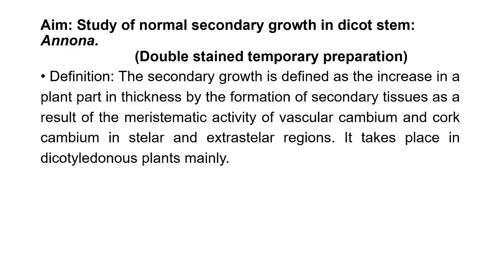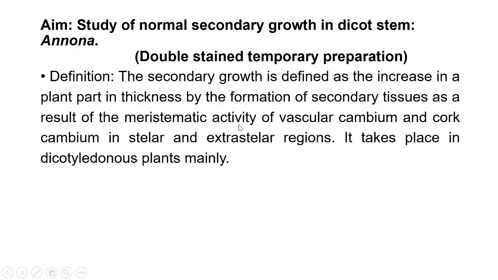The secondary growth is defined as the increase in plant parts in thickness or increase in the girth of stem by formation of secondary tissue as a result of meristematic activity of vascular cambium and cork cambium.